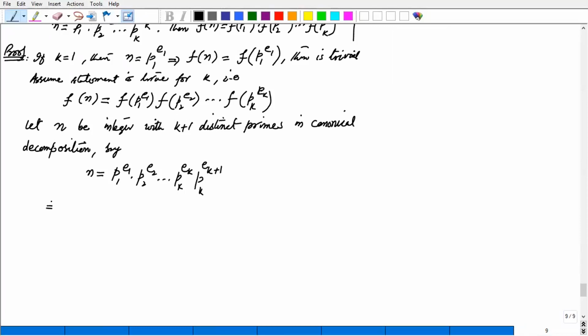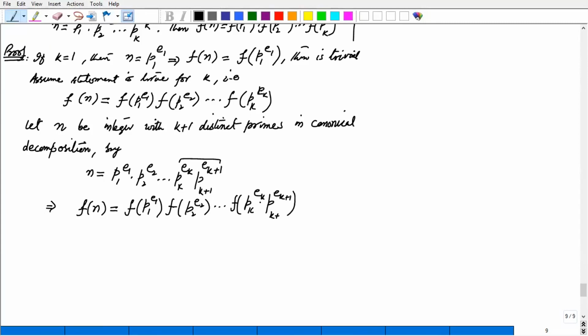So this can be written as f(n) equals f(p1 to the power e1) times f(p2 to the power e2) till f(pk to the power ek) times f(pk+1 to the power ek+1).